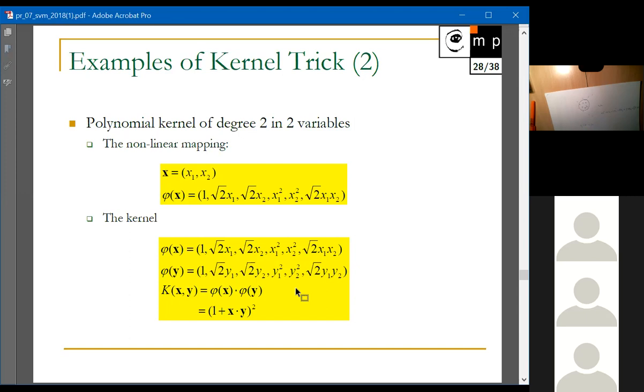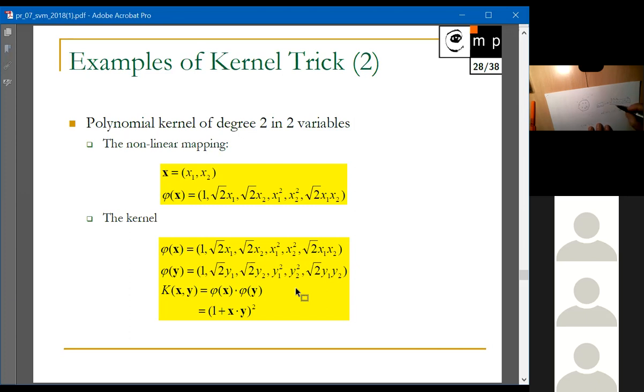So now, if we take x and y and produce a 6-dimensional vector, x1 squared, x1, x2 squared, x2, x1, x2, maybe I'll put commas here, and 1. And we can think about some new space, z1, z2, z3, up to z6.